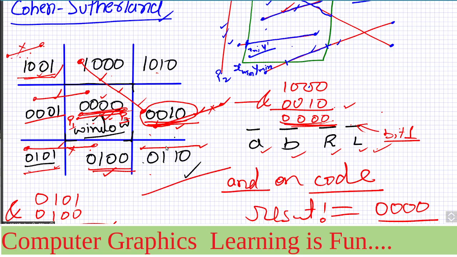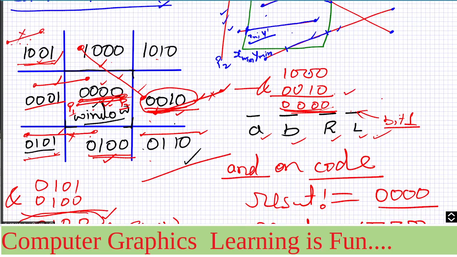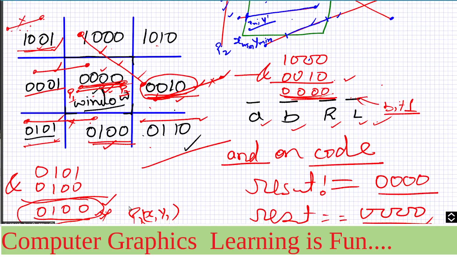Then those lines whose both ends were outside the window, you need to process. So you considered the code and performed the AND operation. If the AND operation result was non-zero, then you consider that it is outside the window and you rejected it. And only those lines whose AND operation of the endpoints was 0, you considered for processing.